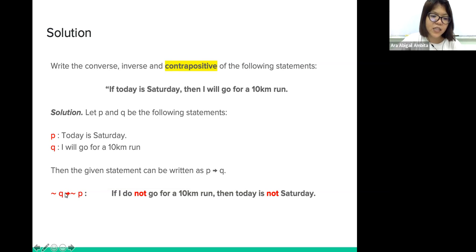So it will be not Q implies not P. The negation of Q is: I do not go for a 10-kilometer run. Then not P is: today is not Saturday. Expressed in its implication form: if I do not go for a 10-kilometer run, then today is not a Saturday.